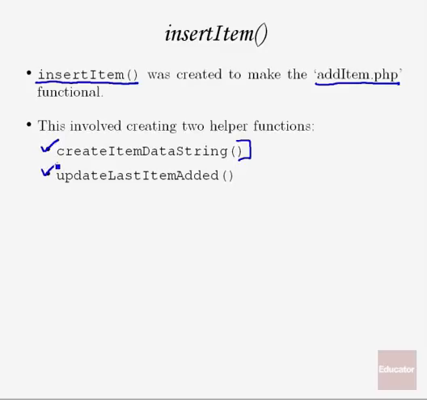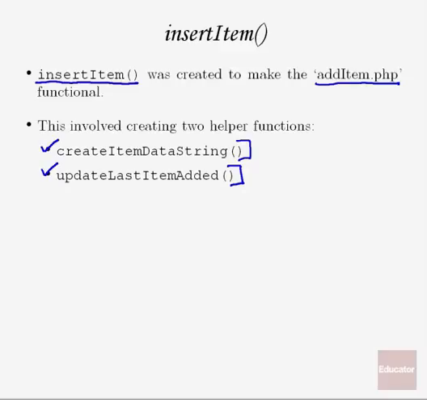We're going to be incrementing it for the new item. So then what we need to do is go ahead and update that last added file so that when we try to add another item to the store, it's going to have a properly incremented number. So this update last item added function is going to be able to do that.